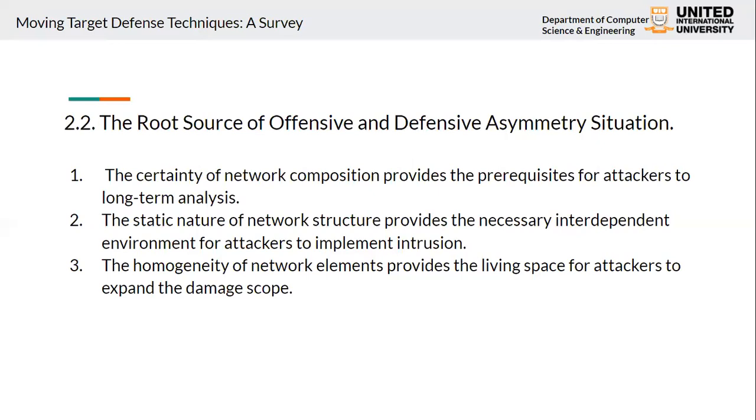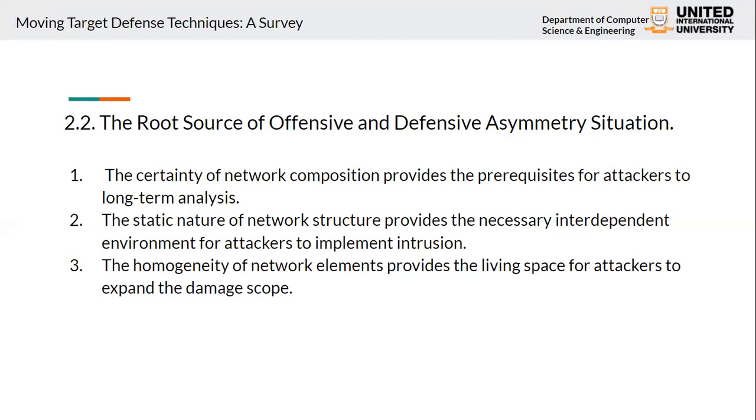But from the defensive side, if the defense system has prior knowledge, it will be very difficult to enumerate all possible attack methods and to explore all potential resource vulnerabilities. This is the gap between the attackers' comprehensive analysis of the target system and the defender's little knowledge of security threats. All these together result in an information advantage for the attackers.